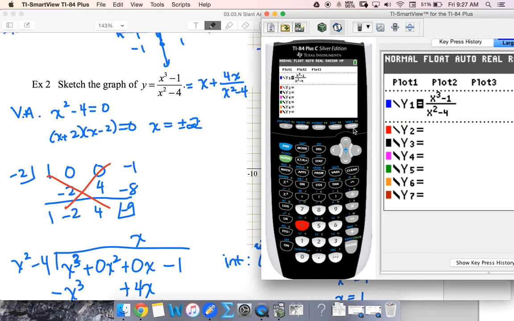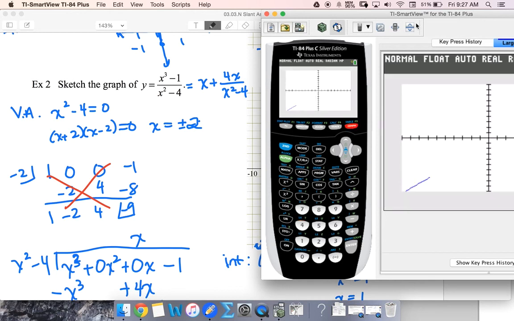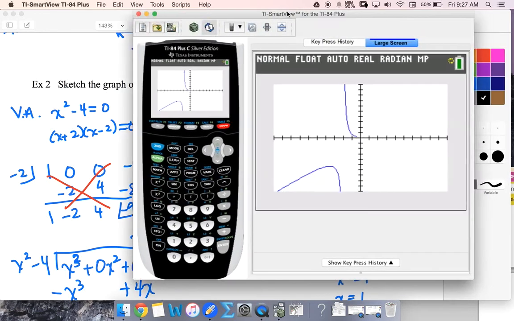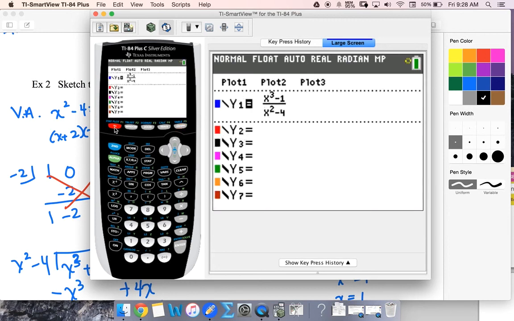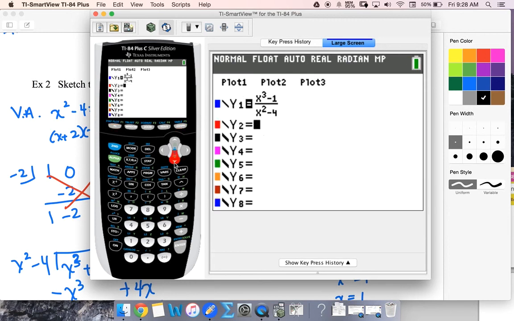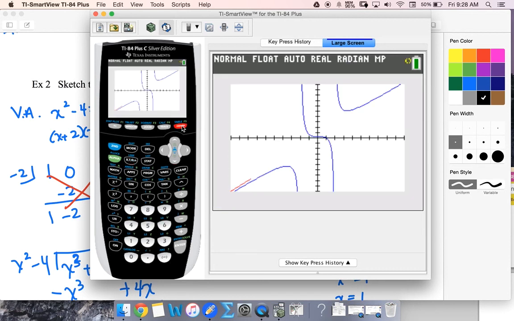And let's look at the graph. And we've got the same graph that we drew. If we wanted to see our asymptotes on this as well, to see if we really are following it, we could go in and add in y equals x, just to see that we are tracing along our asymptotes. And sure enough, it looks like we are.